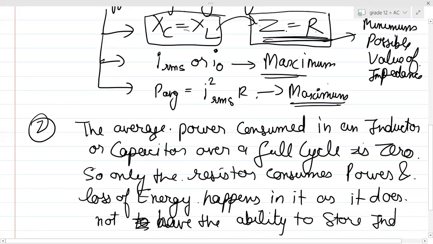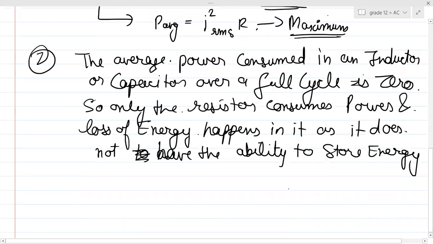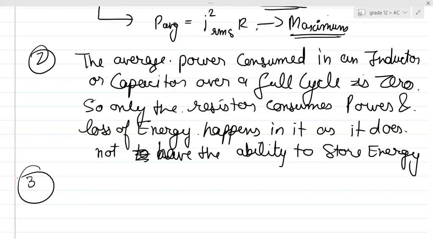Whereas inductor and capacitor have a capacity to store energy. Yes or no? Capacitor stores energy in the form of electric field energy, and the inductor stores it in the form of magnetic field energy. Is this clear, guys? Yes, sir.